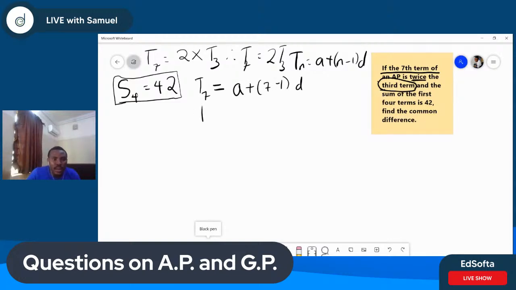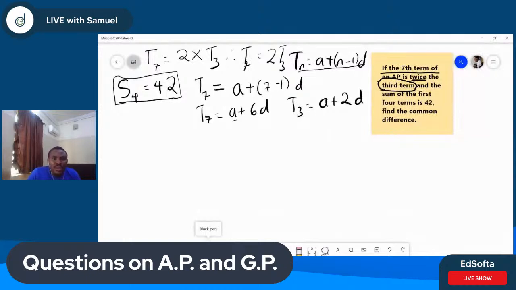That means our T7 will be equals to A plus 6d. Please let us all note this. While our T3 will be A plus 2d. Now, this was gotten from the formula.